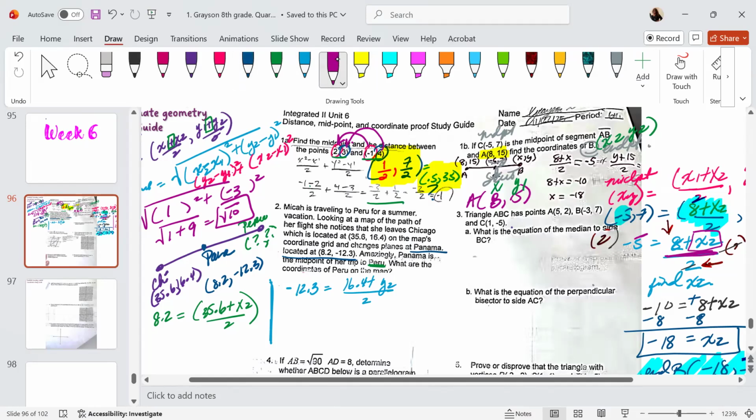Do you set it up like this? Make sure you're setting it up correctly before you go any further. If you didn't set it up correctly, do you understand where it went wrong?